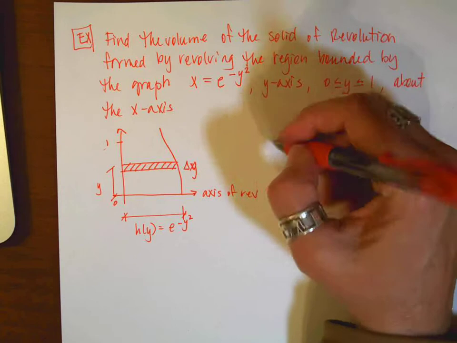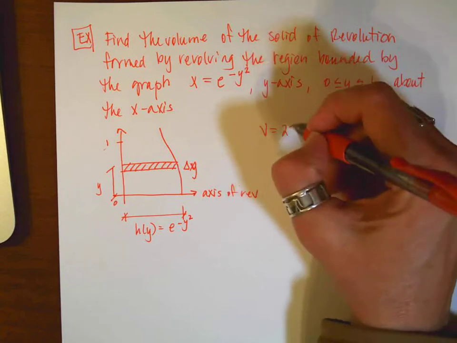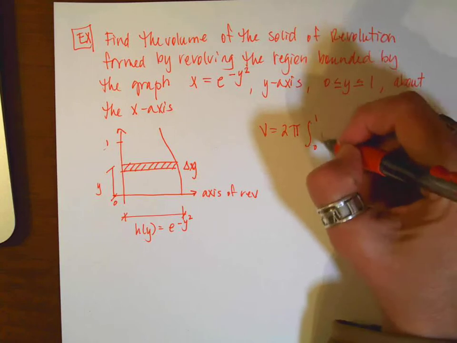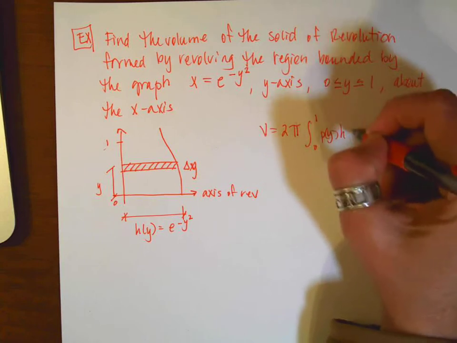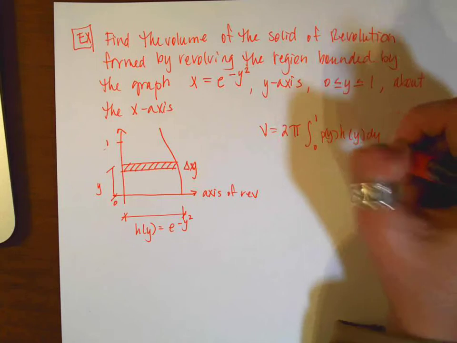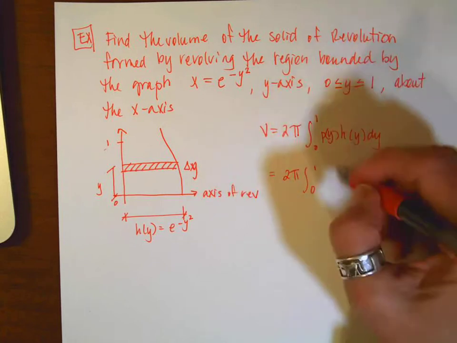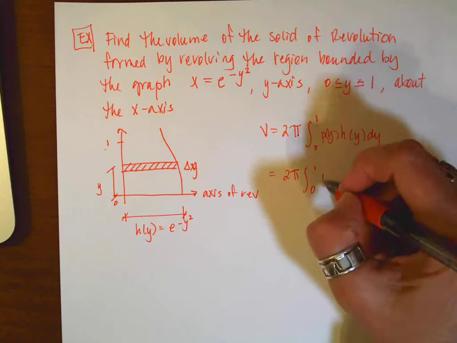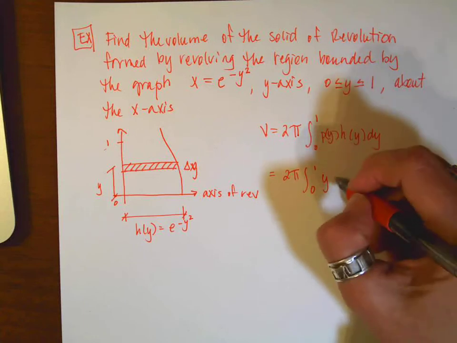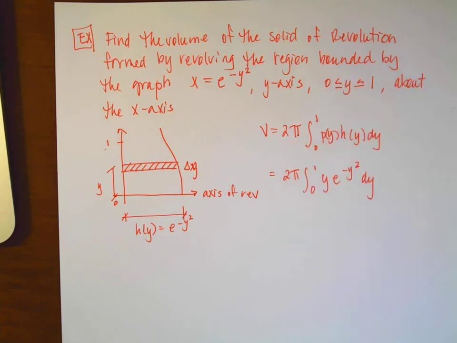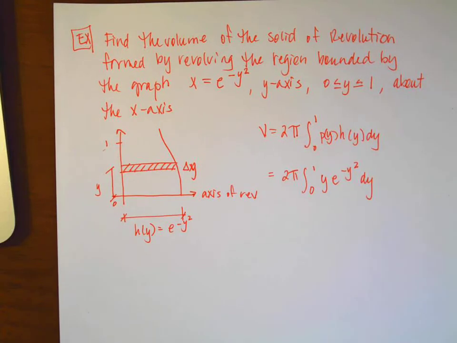So when I set up my integral, my volume is going to equal 2 pi times the integral from 0 to 1 of p of y, h of y, dy. So here's the 2 pi. 0 to 1, p of y, the distance is y, and h of y was e to the negative y squared dy.